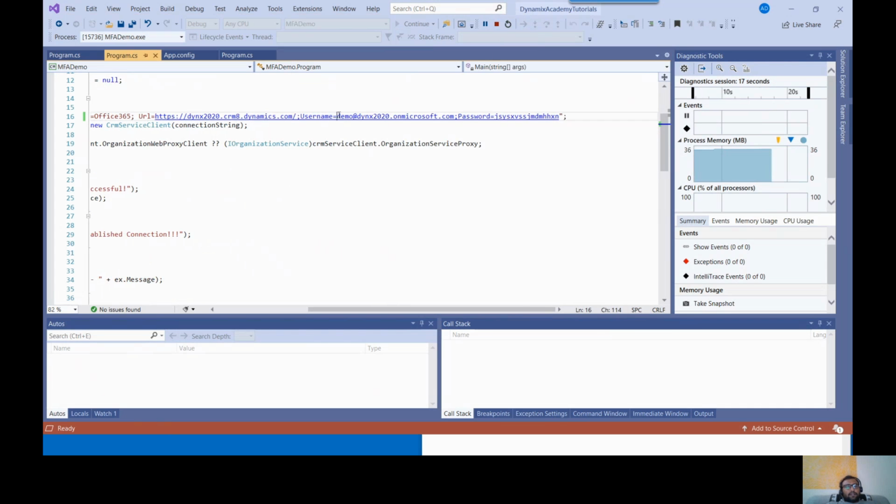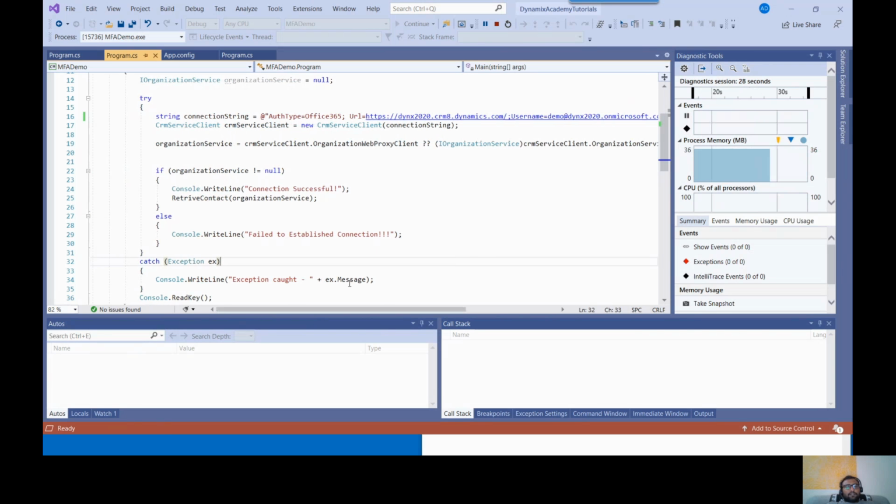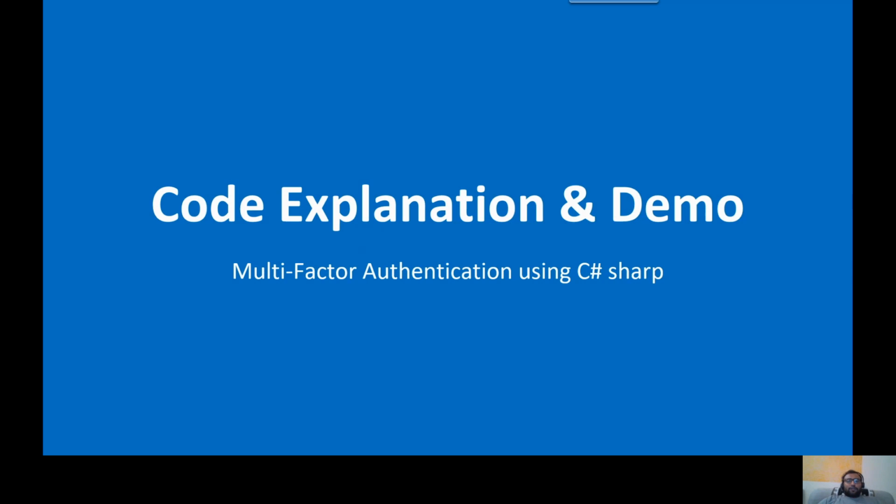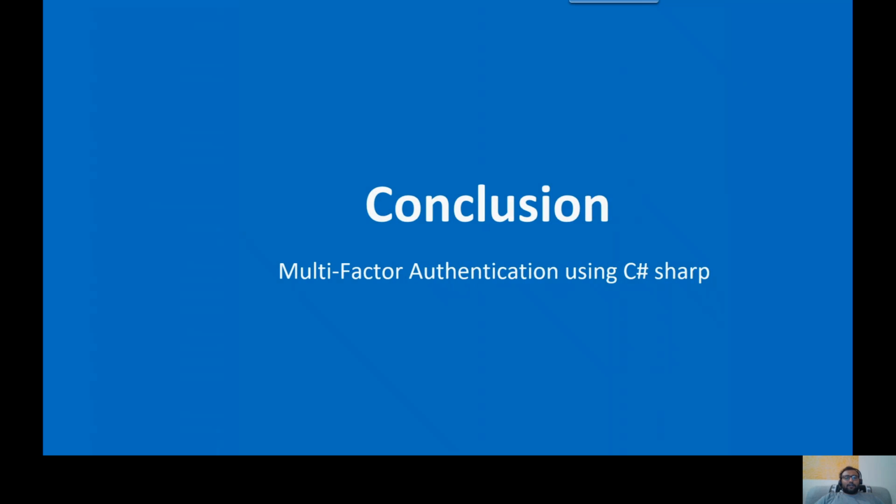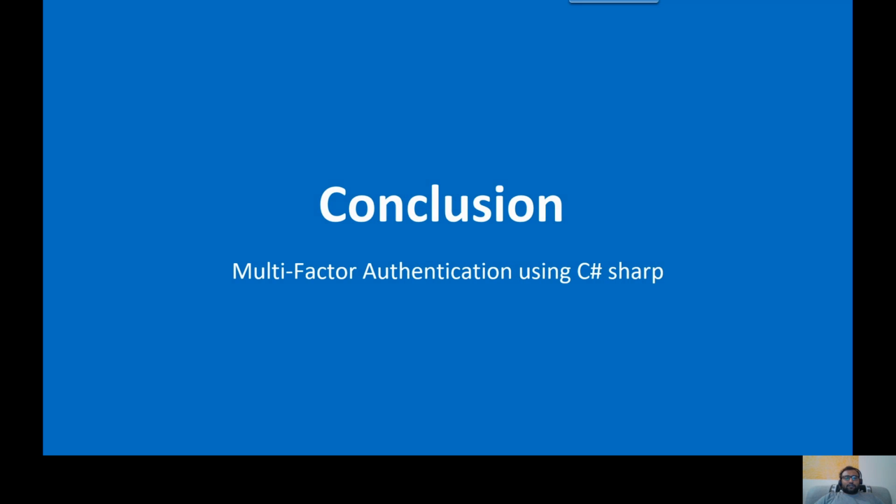Here I am connecting with the new user that I added as part of this demo, and this is the password. This is how you can connect to any Dynamics 365 or Office 365 organization where multi-factor authentication is enabled. Having said that, let us see the brief conclusion.